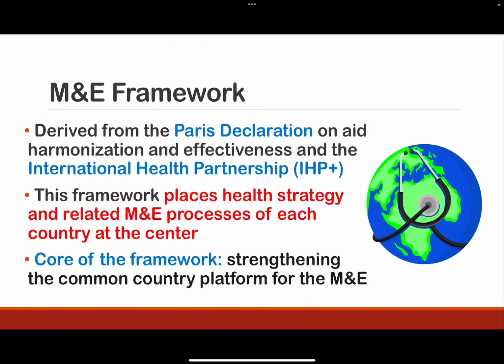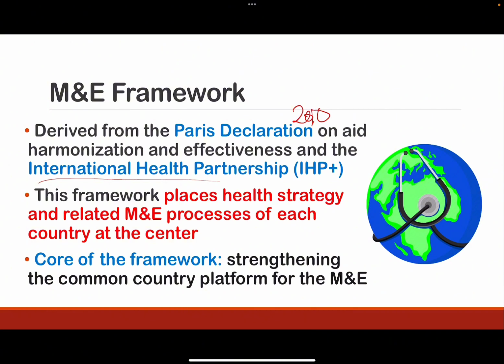Yung M&E framework ninyo, it is derived from Paris Declaration on Aid Harmonization and Effectiveness and from IHP or the International Health Partnership. So the Paris Declaration establishes targets that countries committed to achieve by 2010.